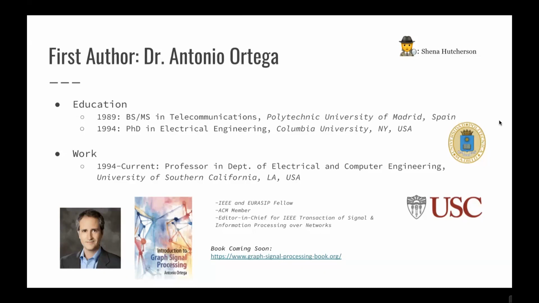So certainly highly regarded as knowledgeable in this field. Dr. Ortega has also been working on a book for graph signal processing that should be available before the end of the year. We could go to the next slide.